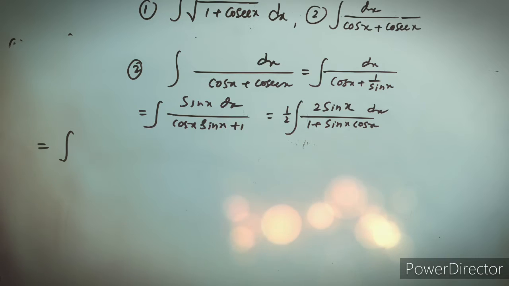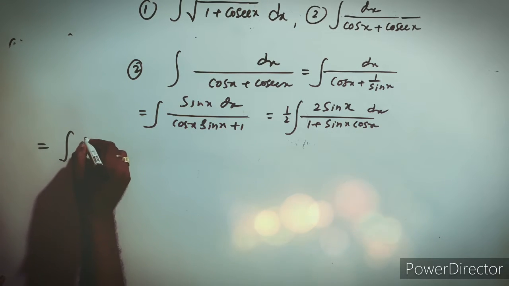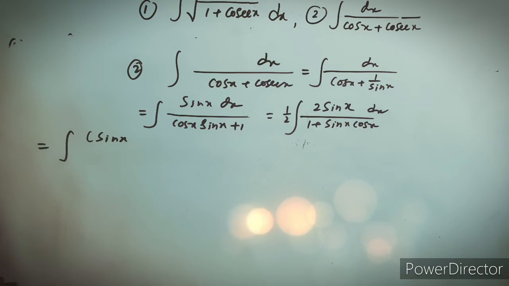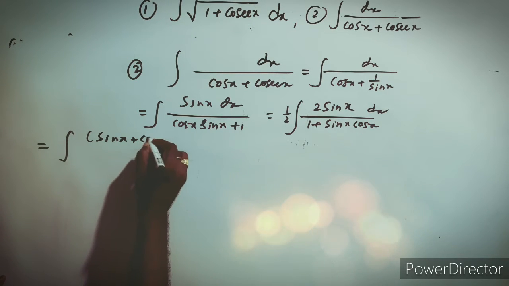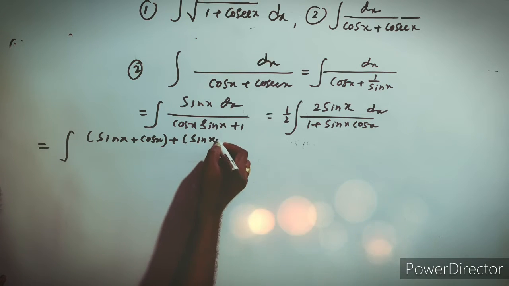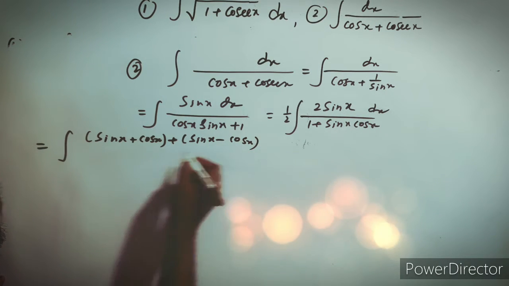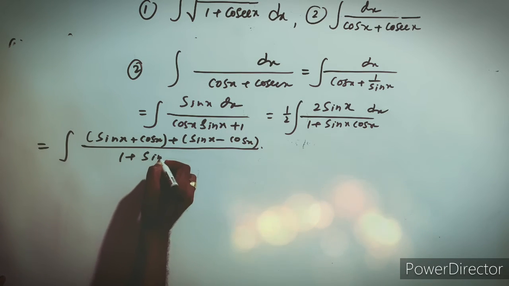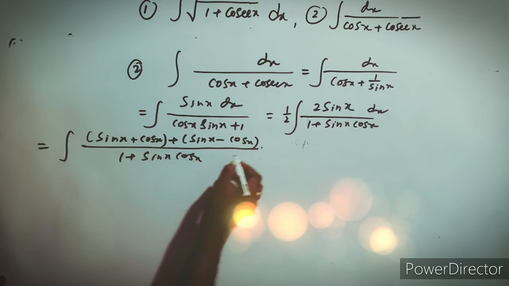See, this is 1 plus sin x cos x. In place of 2 sin x cos x, we can write sin x plus cos x and also sin x minus cos x, and the whole divided by 1 plus sin x cos x and dx.